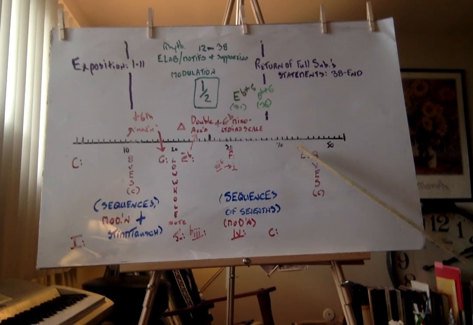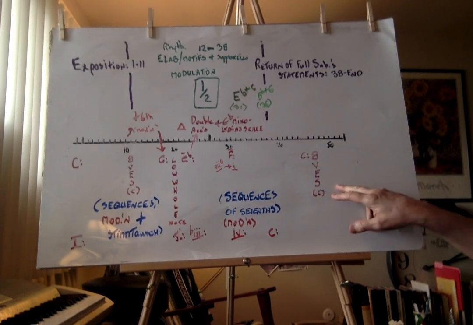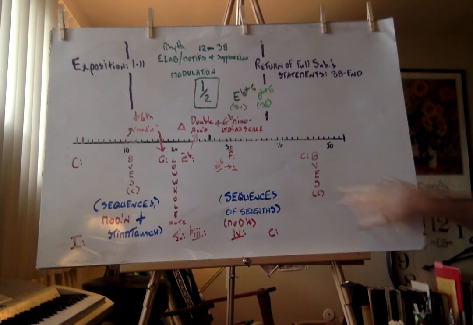And at the end, when we return here, we get more full statements of the theme or of the subject of this piece. We're establishing C again here, and we now have complete statements of the fugue subject again.